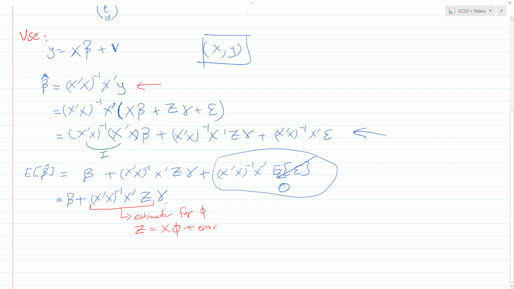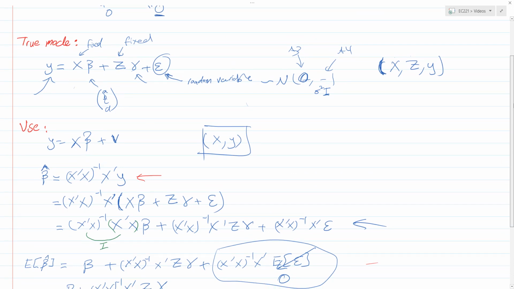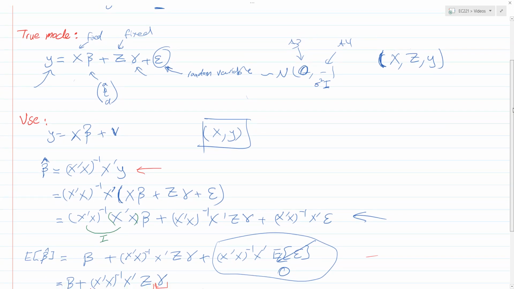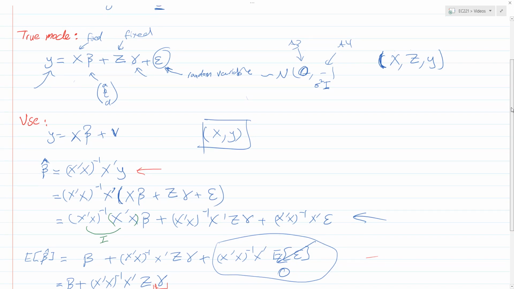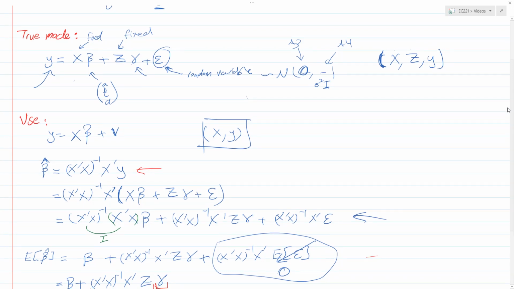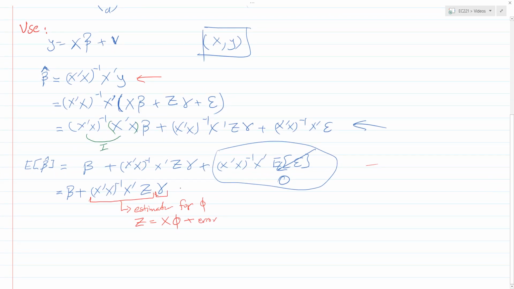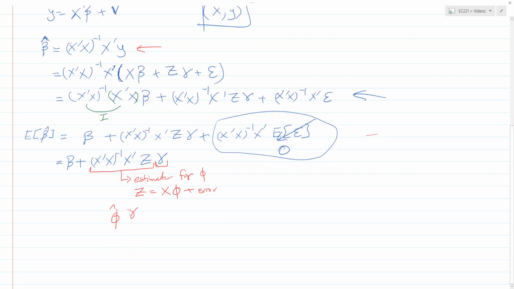And what's the other one? Well, we know from the true model that gamma is the parameter for z, which means it's the marginal effect of z on y. For example, if z increases, y increases by that much. That's what gamma is. So it's a multiplication of phi hat by gamma. What does that mean?